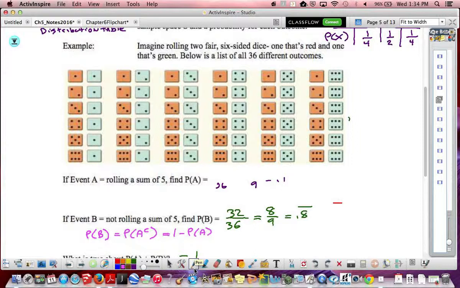There's 36 of them. So I know the probabilities of all 11 possibilities that I have rolling a 2 through a 12 is going to be out of 36. So I just want to figure out how many of them there are 2s, 3s, 4s, all the way up through 12s. You'll start to see a neat little pattern here. Okay, I have 1, 2.